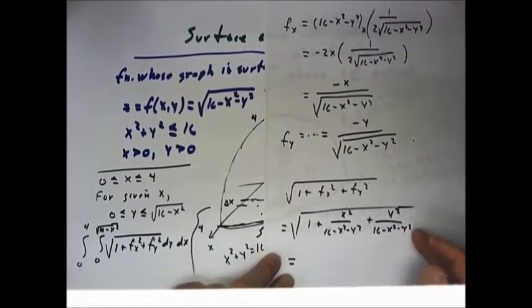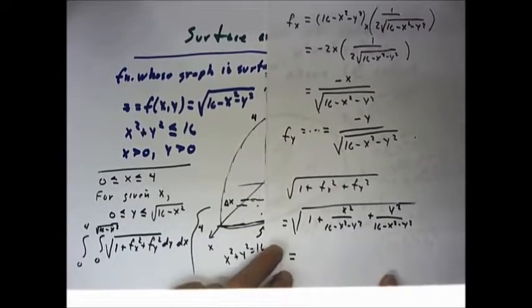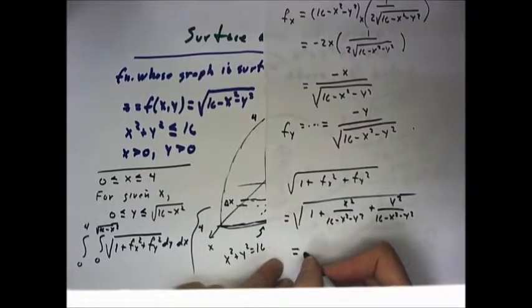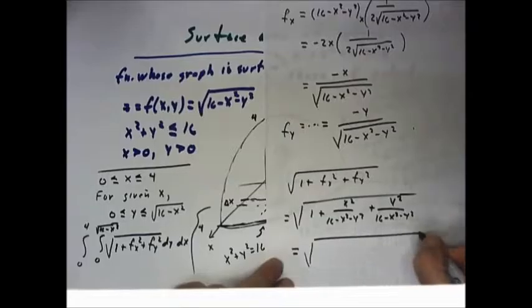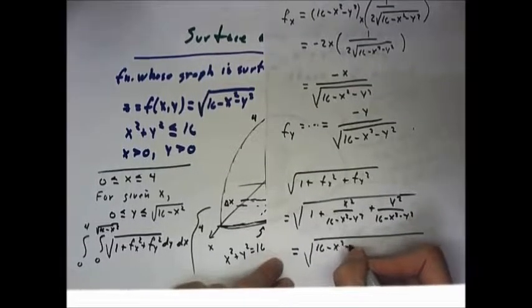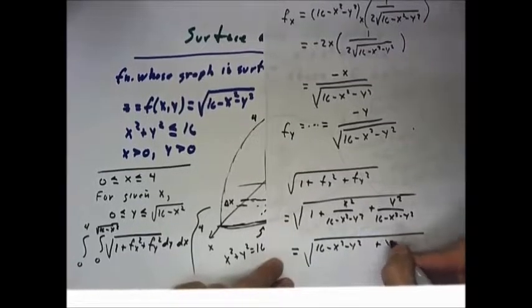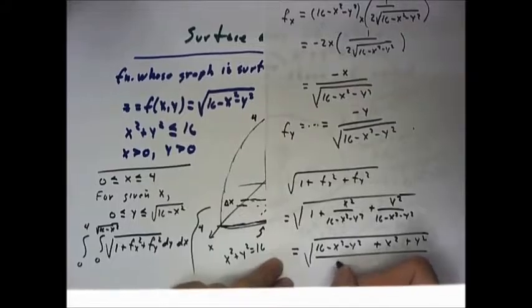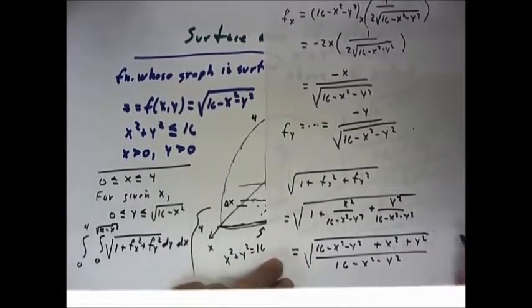And we might as well put all this over a common denominator. So that's going to be the square root of 16 minus x squared minus y squared plus x squared plus y squared divided by 16 minus x squared minus y squared.